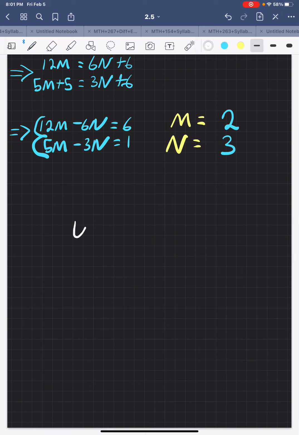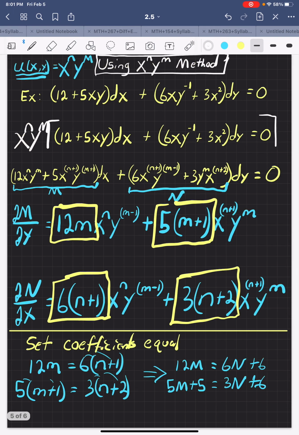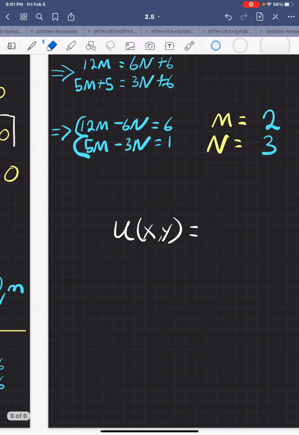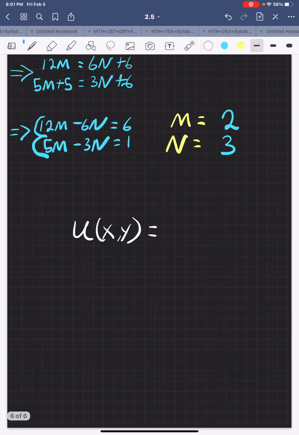So remember, we started off with u, the special integrating factor, was x to the power of m, y to the power of n, right? No, my apologies, I got that backwards, don't I? All right, so x to the n, y to the m. So this is where we started.